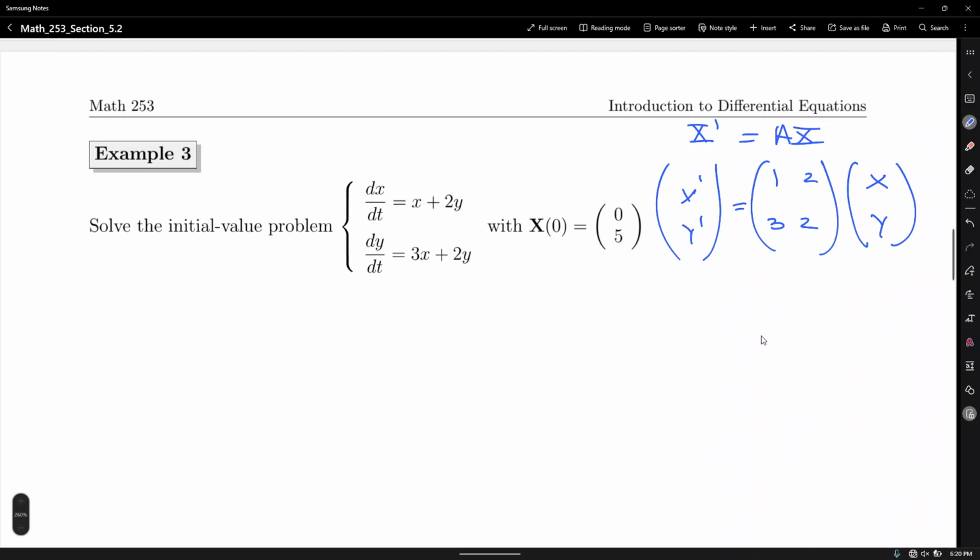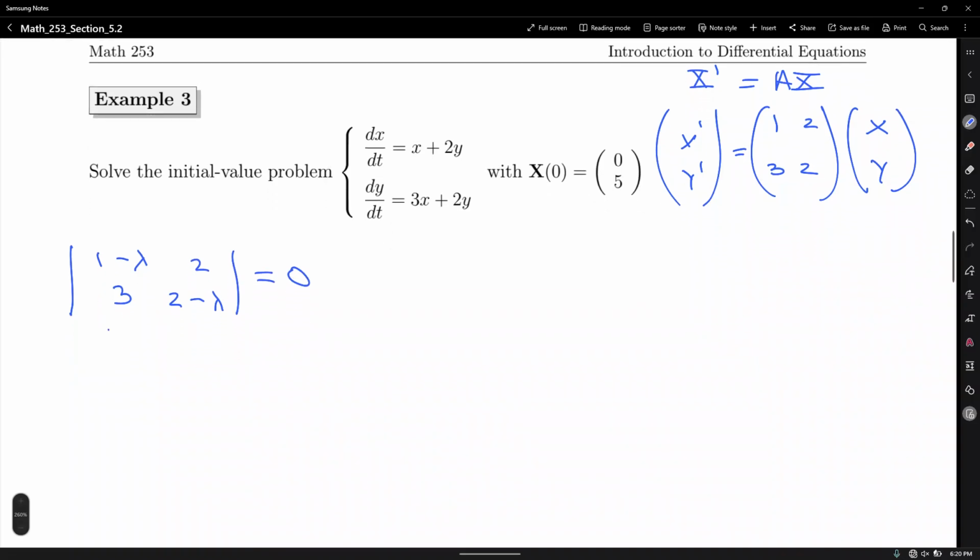Okay, so eigenvalues. That is the determinant. Let me go straight to the determinant of 1 minus lambda, 2 minus lambda. The other two elements just remain the same, 3 and 2. Let that be equal to 0 and solve the determinant equation. 1 minus lambda times 2 minus lambda minus 2 times 3, which is 6, equal to 0.